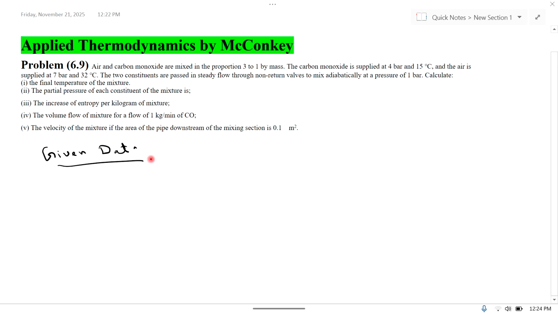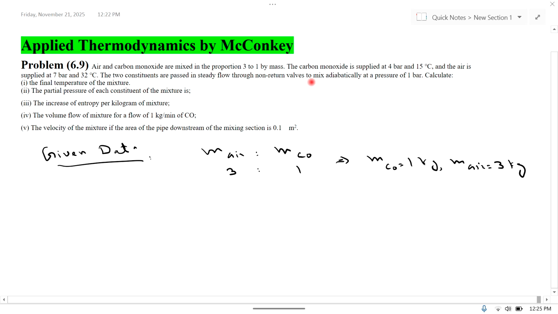So in given data, the ratio of mass of air to mass of carbon monoxide is 3:1. It means that if the mass of carbon monoxide is 1 kilogram, then the mass of air will be 3 kilogram. The carbon monoxide is supplied at 4 bar and 15 degrees centigrade.